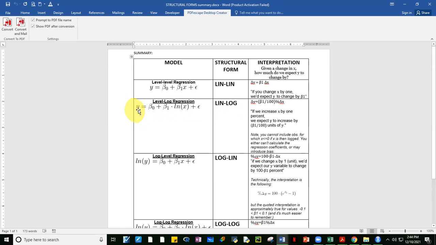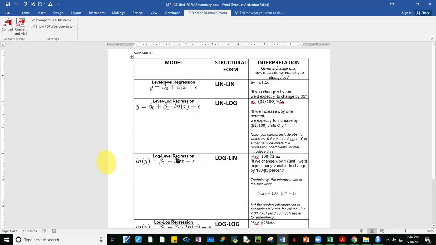Linear yung dependent variable, nakalog yung independent variable. So we read it as a 1% increase in x. Ang pagbasa natin dun sa independent variable, kasi nakalog siya, dapat percent. So a 1% change in x will result to a B1 divided by 100 units of y. So i-divide natin yung B1 by 100.